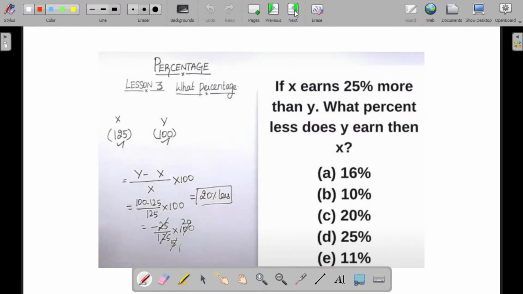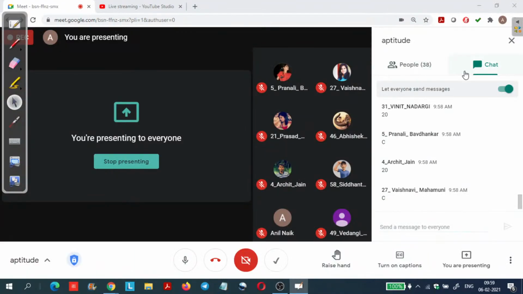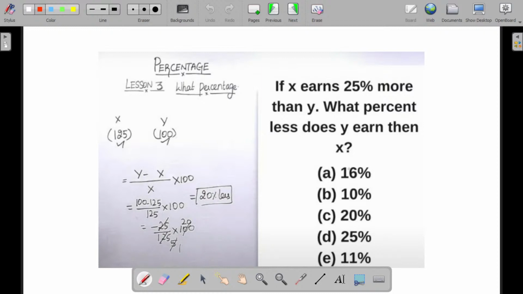The answer is 20% less. I think most of them mentioned C or D. C, okay, 20%. So X is 25% more than Y. Y is 100, so X's value will be 125.